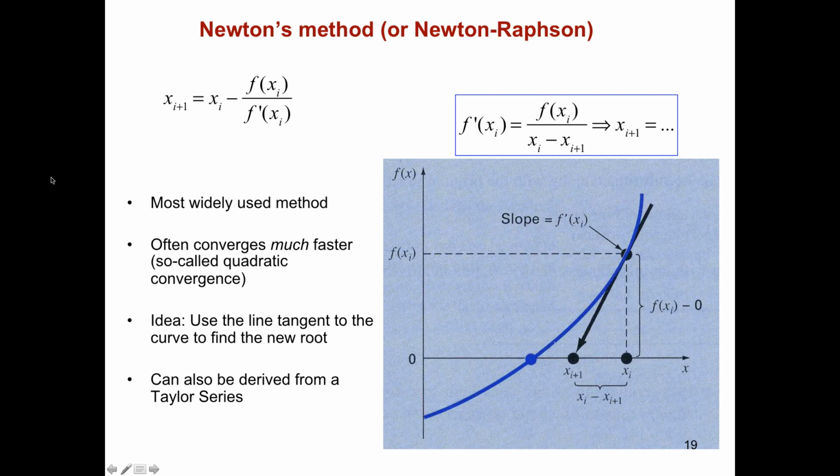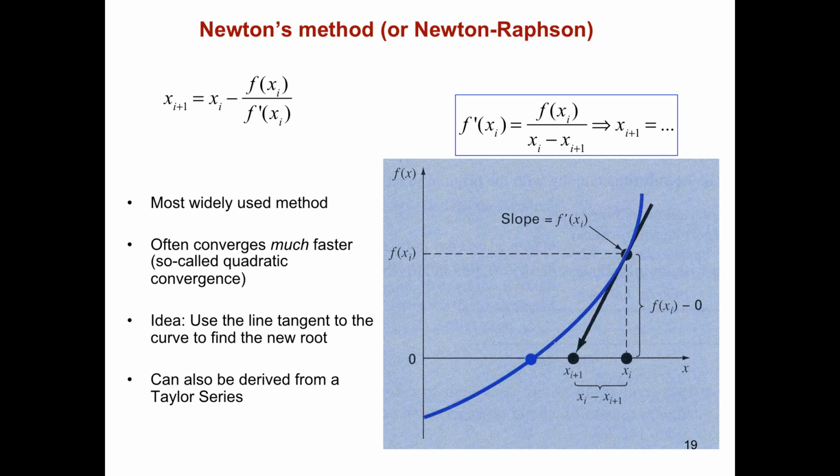This function says, let me check out the slope of the function, and the slope of this function is given in black here. For the next iterate xi plus 1, how about I just slide down this slope and see where I hit 0. That's going to be my xi plus 1. So this is another way to semi-linearize the function and try to get to the root.